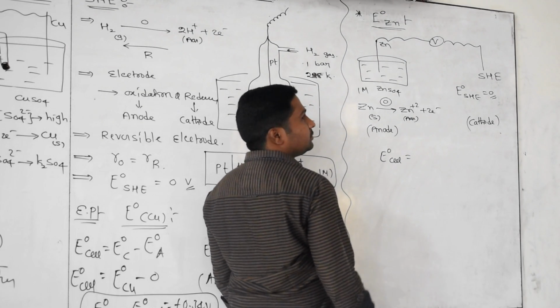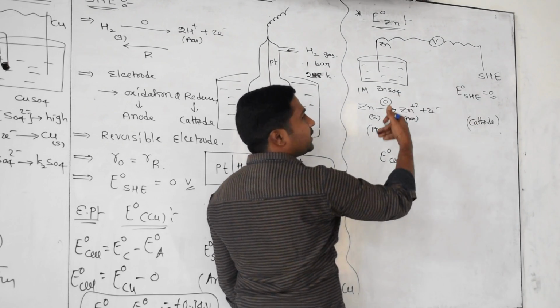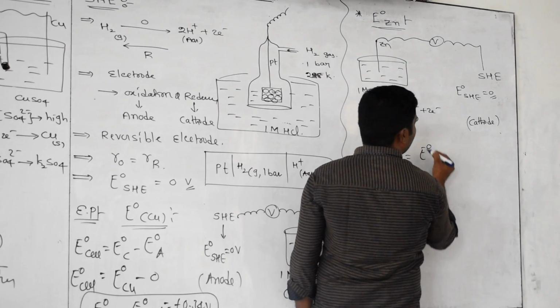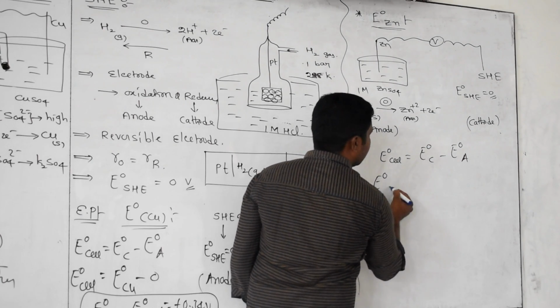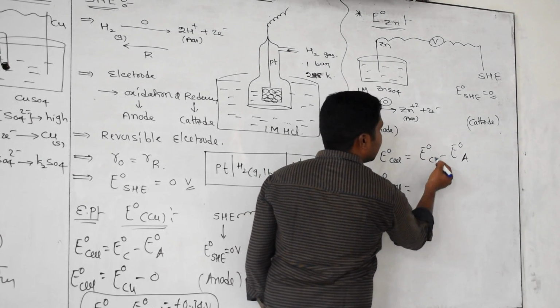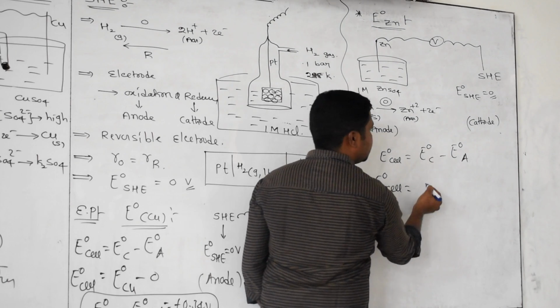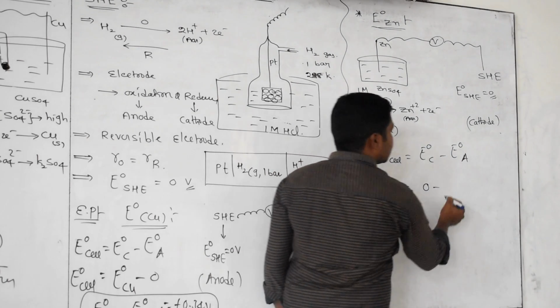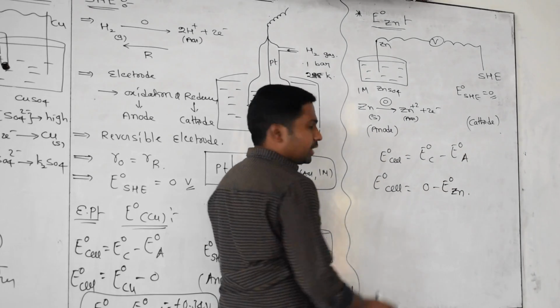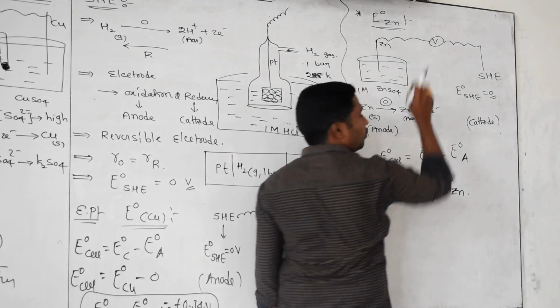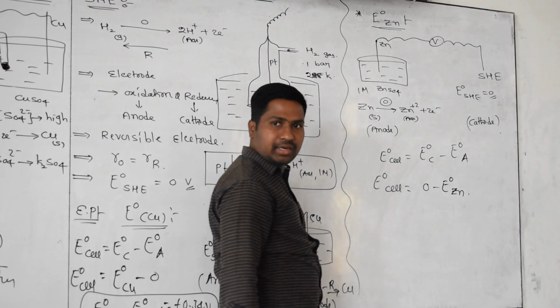What has to be done? Standard electrode potential of the cathode minus the anode. Standard EMF of this cell equals the standard electrode potential of the cathode, meaning SHE, 0, minus the standard electrode potential of the anode, meaning zinc. This value will show in this voltmeter, which is nothing but the standard EMF of this cell.